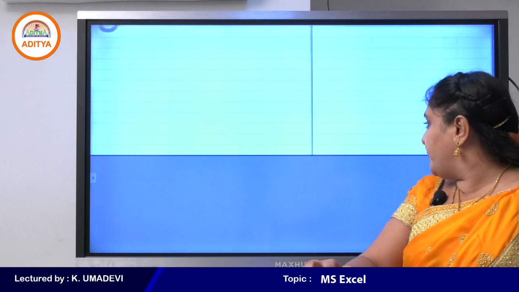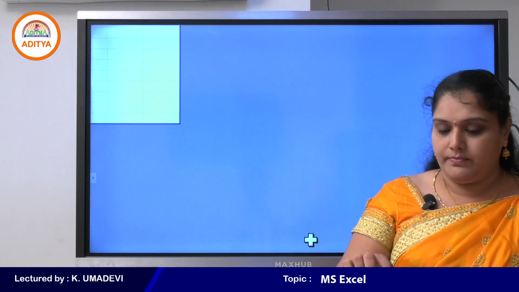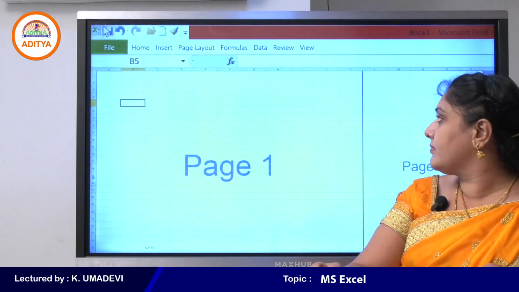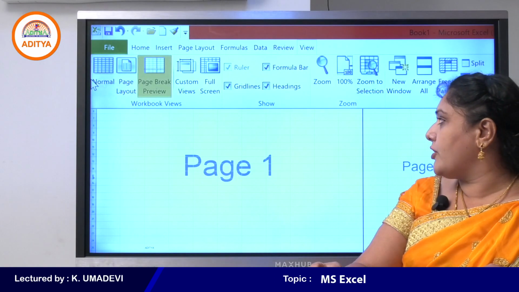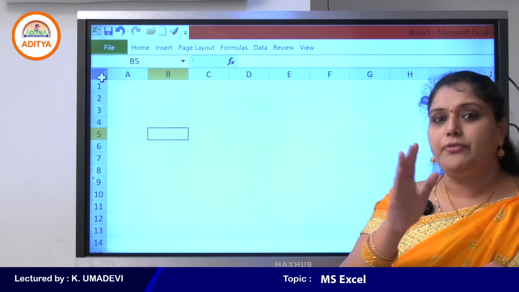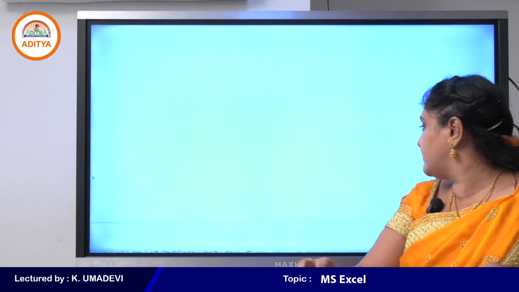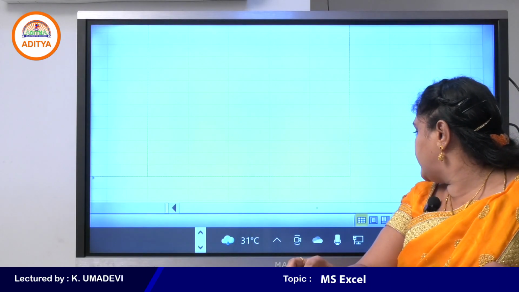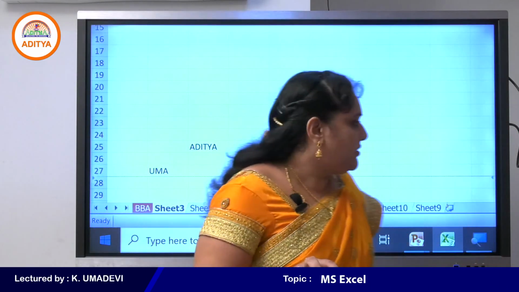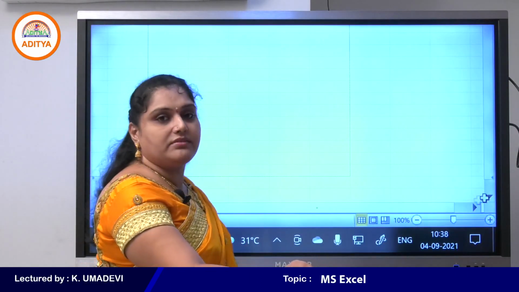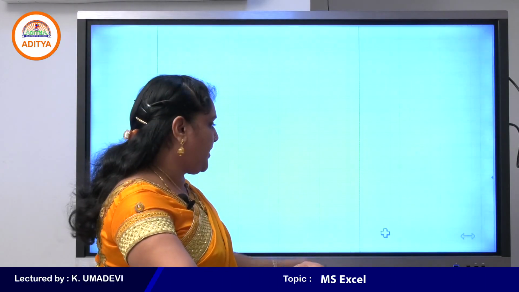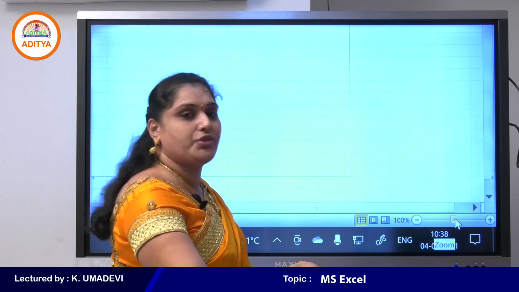And after that, just click on the normal view. The default view is normal view. Like in MS Word, we have a zoom slider to zoom the sheet in or out.